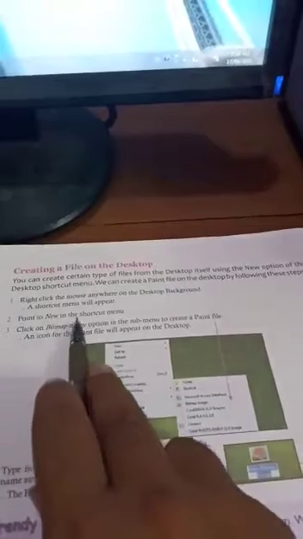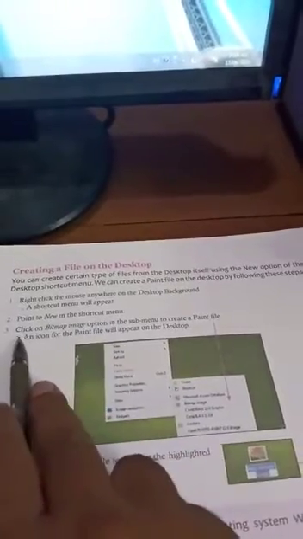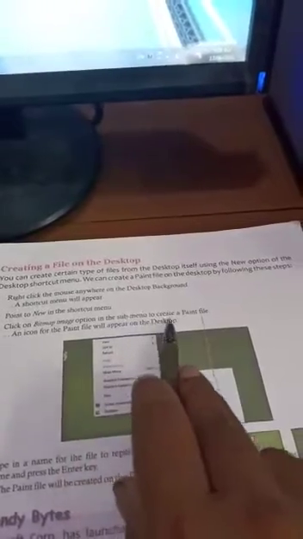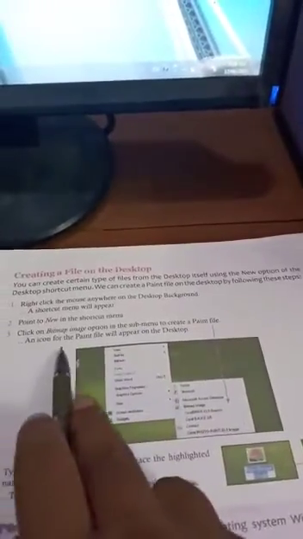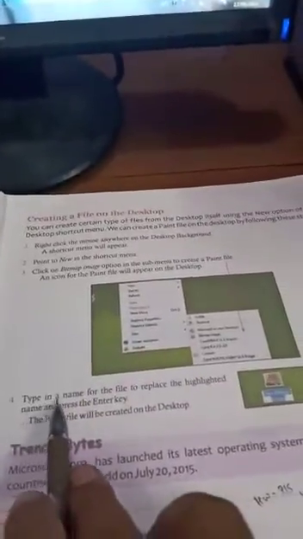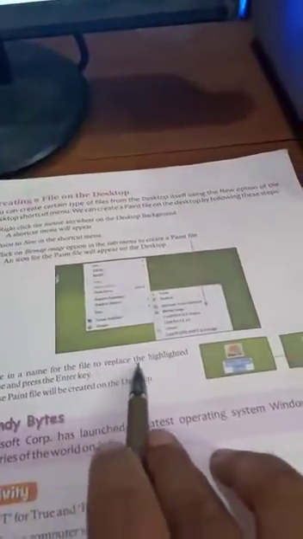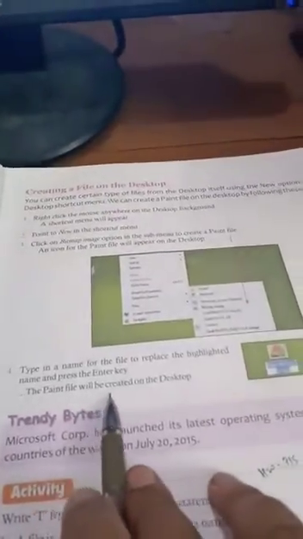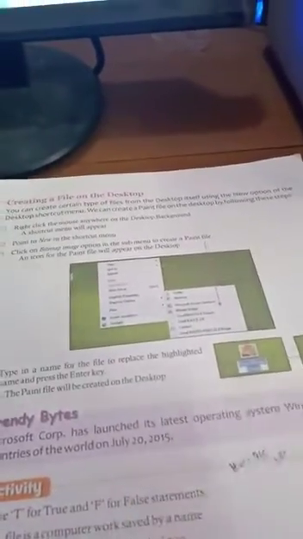Second, point to New in the shortcut menu. Third, click on the Bitmap Image option in the submenu to create a paint file. An icon for the paint file will appear on the desktop. Fourth, type in a name for the file to replace the highlighted name and press the Enter key. The paint file will be created on the desktop.